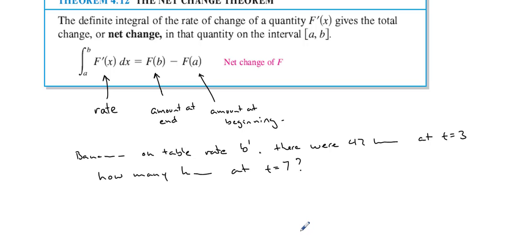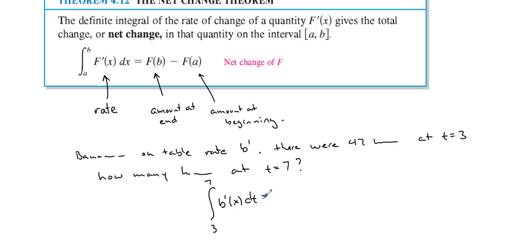Well, how do we figure out how many bananas there were at t equals 7? Well, use the antiderivative. So a to b. What is a though? A is 3. B would be 7. B prime, oh, let's call it x for fun, dx. Actually, sideways t's, right? My bad, I used t already.